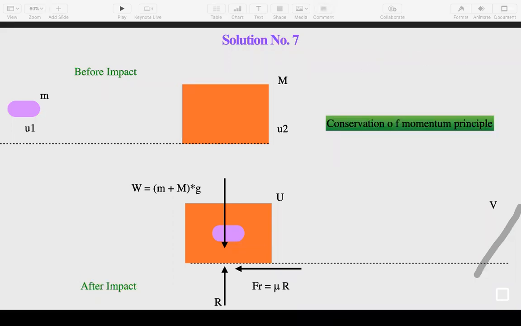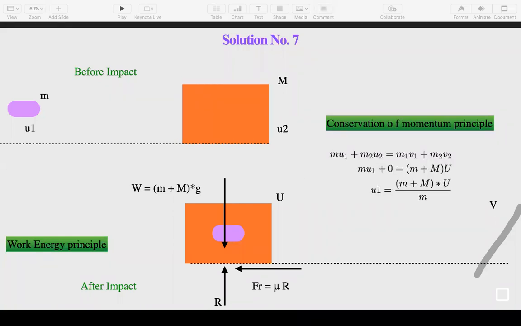Now for just before impact, we use the conservation of momentum principle, and then we use the work energy principle. In conservation of momentum, momentum before impact equals momentum after impact.